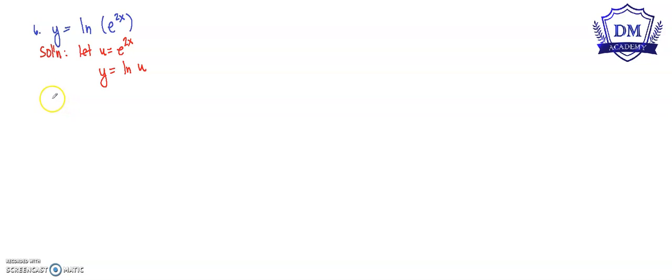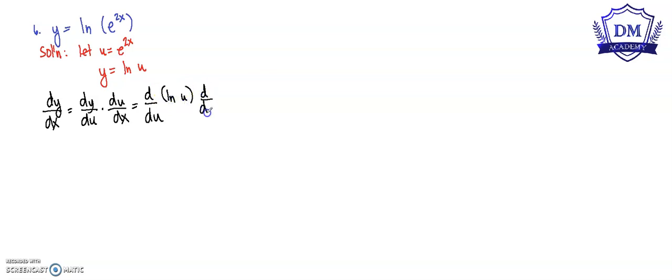Okay, using the chain rule, we have dy over dx is equal to dy over du multiplied by du over dx. Okay, this is equal to d over du of y, which is the ln of u, times the d over dx of u, which is e raised to 2x.